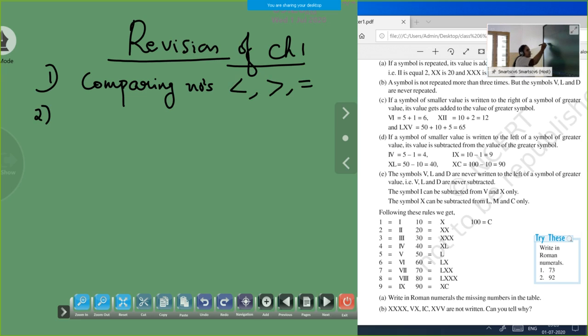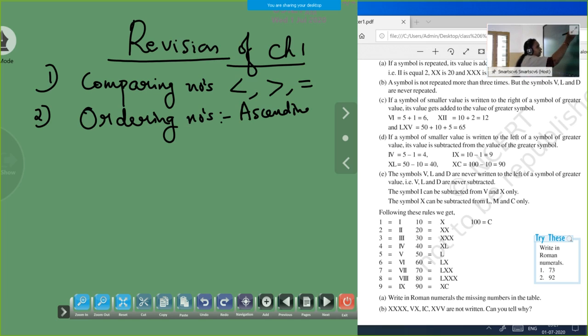Next, the second topic is ordering the numbers. What is the meaning of ordering the numbers, children? In ordering numbers we have learned ascending and descending order.